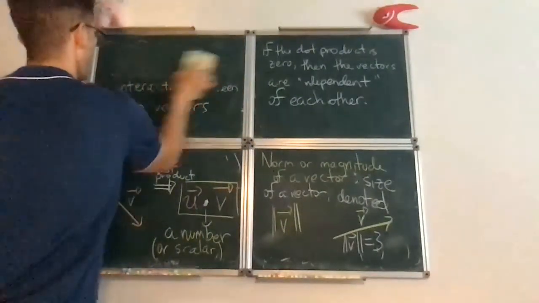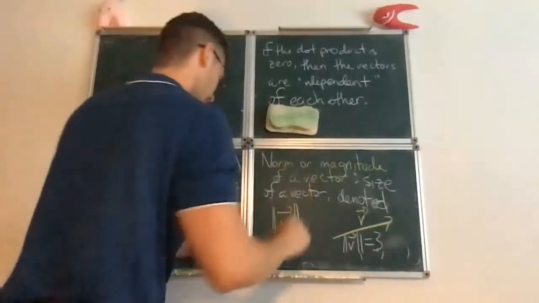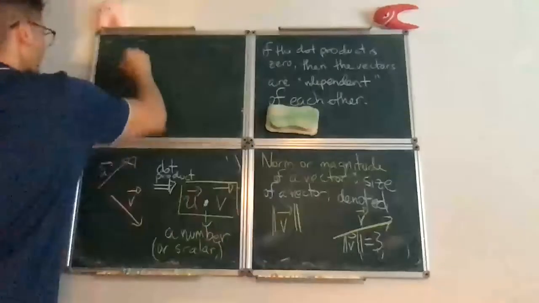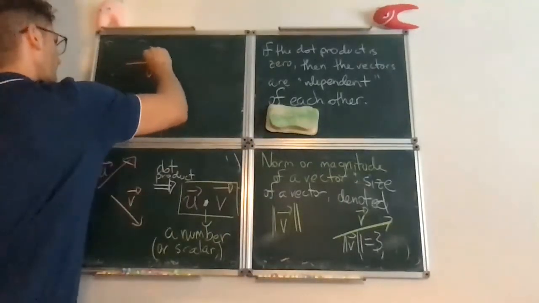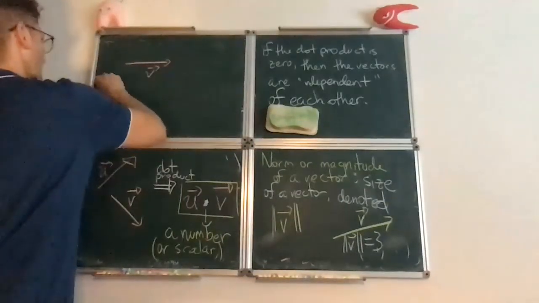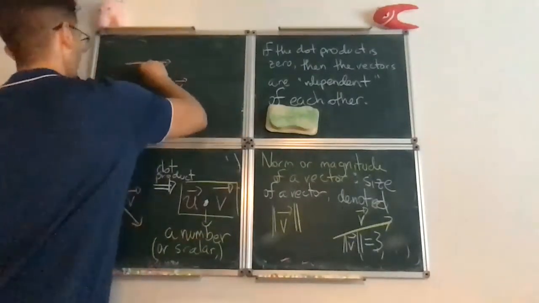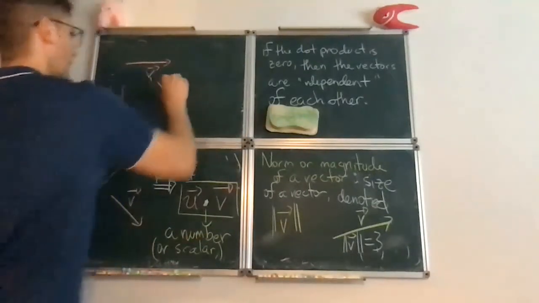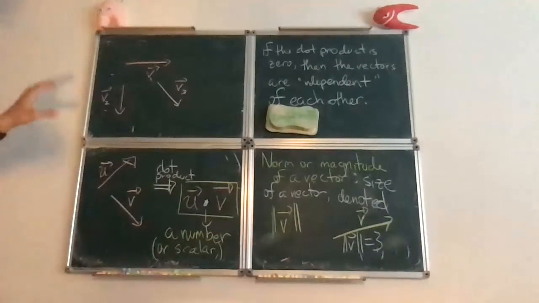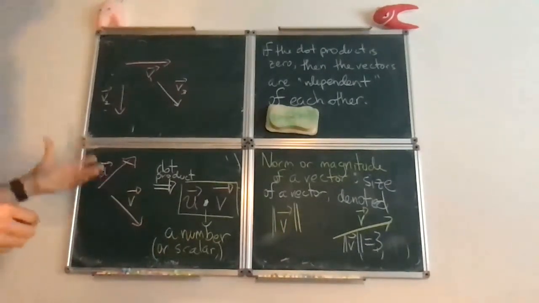So what that means is that you could have this vector, this vector, this vector, let's call them v1, v2, v3, and suppose that I'm drawing them so that they're actually of the same size.